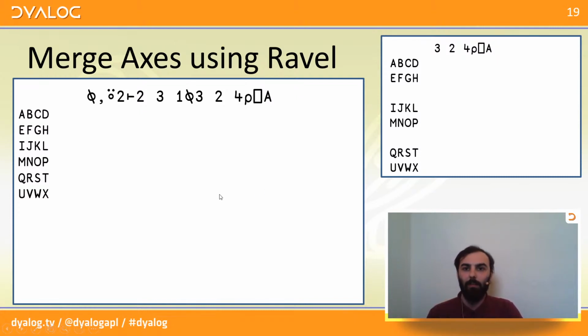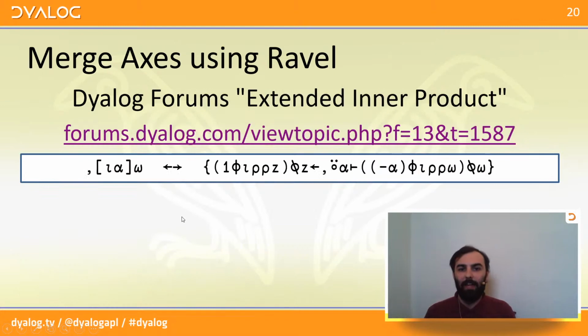See if you can deduce the left argument to dyadic transpose yourself. But what about a general defun which does the same thing as Ravel with Axis, but just using rank and transpose? Well, it gets a little bit hairy, a little bit involved.